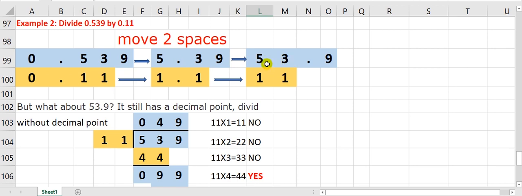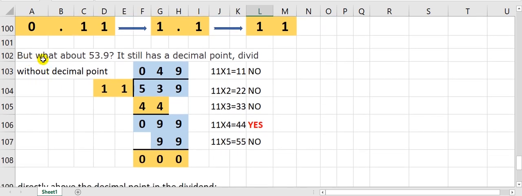Here, the division has 0.9 here, but what about this? Here is 0.9. Okay, divide it without the decimal, and at the end of the solution, we put the decimal point here.